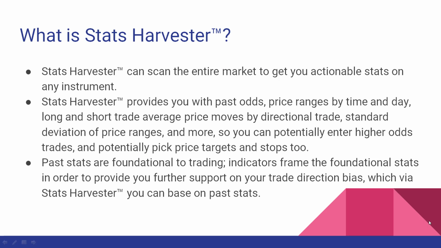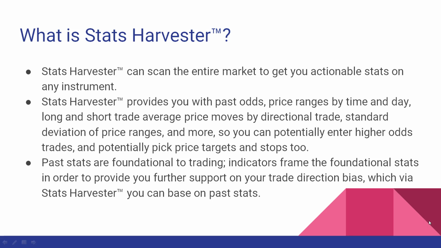Okay, thank you. Stats Harvester is an easy-to-use NinjaTrader add-on that can scan the entire universe of tradable instruments, whether they are stocks, futures, Forex, or cryptocurrencies, to easily help you find the best times and best days to trade purely based on past statistics or historical data.